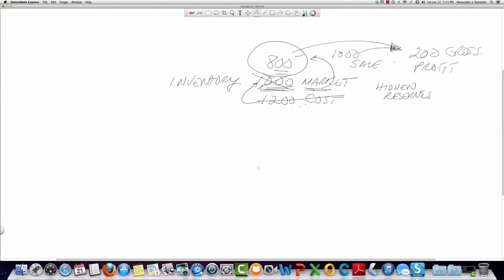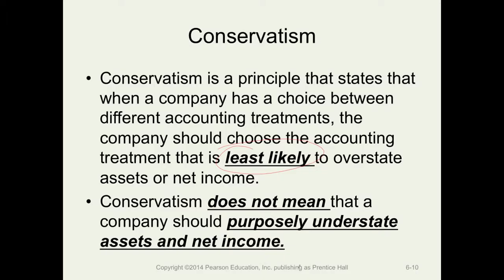When you understate assets purposely, later on you're going to overstate income. So understating assets and income purposely is not really the proper way to apply conservatism. So again, conservatism does not mean to purposely understate.